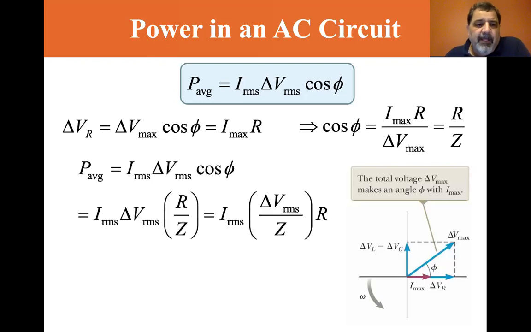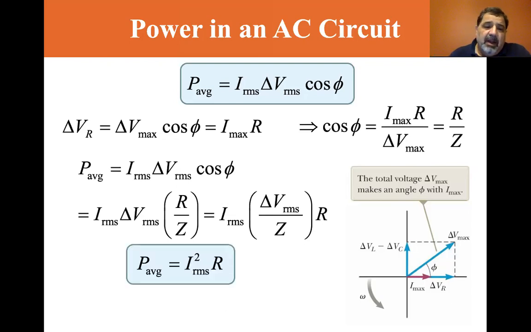That's understood. So P average is equal to IRMS, VRMS, cosine phi, and if cosine phi is equal to R over Z, we have IRMS delta VRMS R over Z. Well, delta VRMS over Z is equal to IRMS.